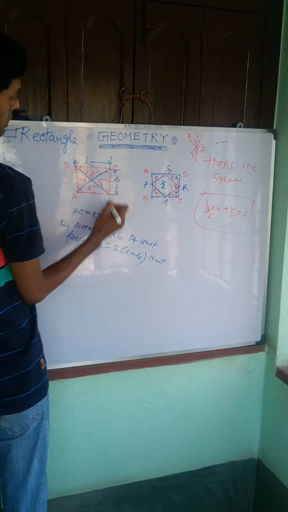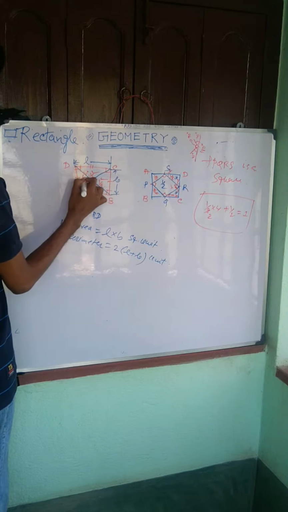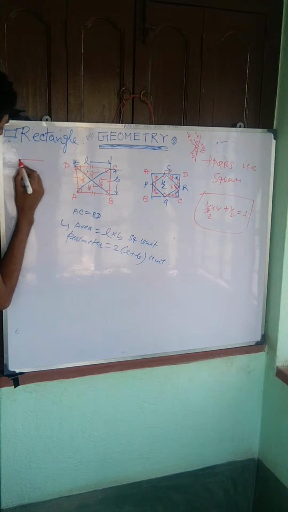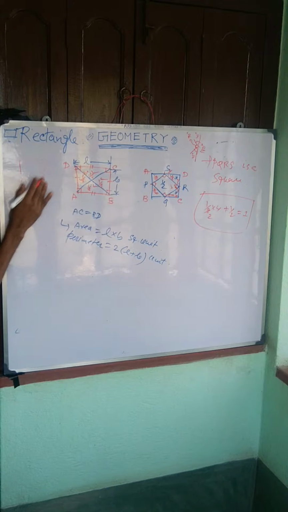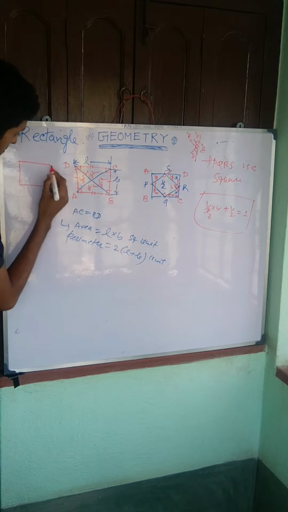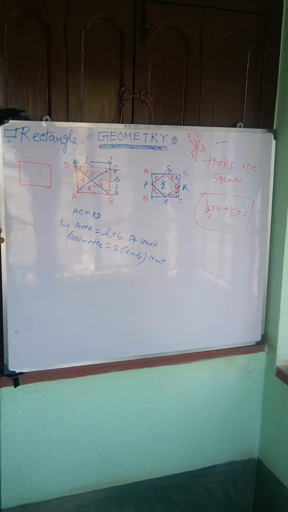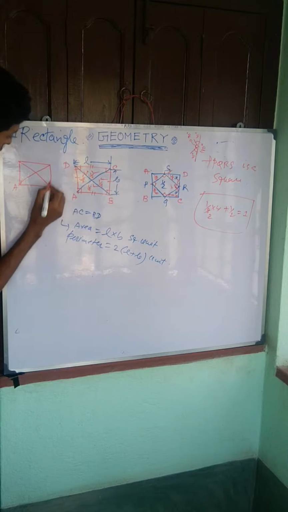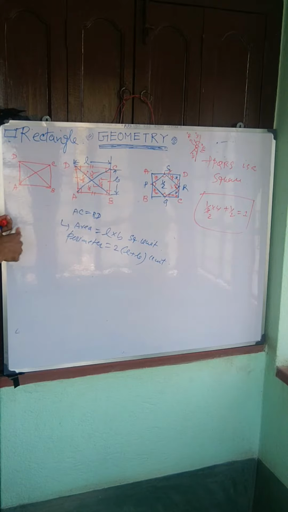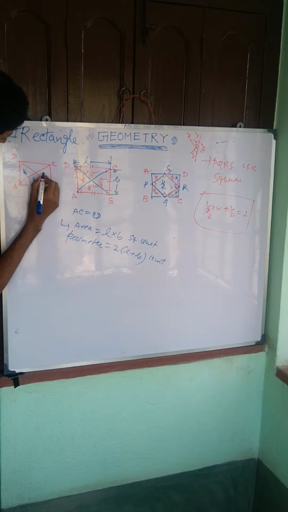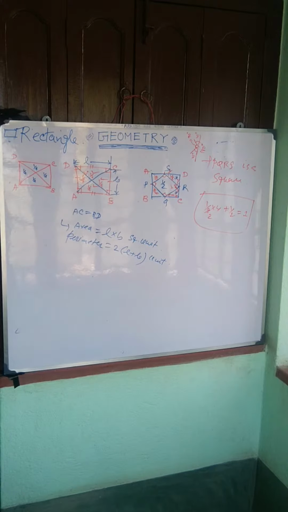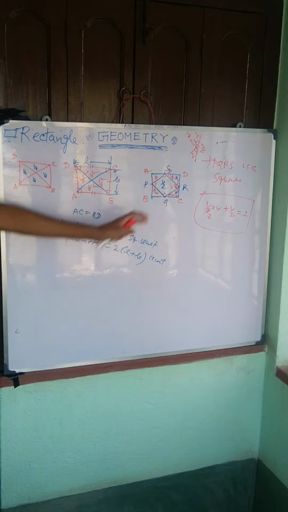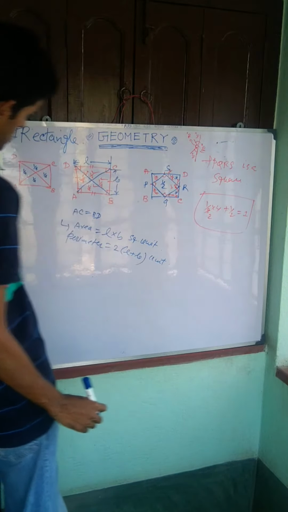This is one more very important point. Having equal area, each triangle is 1/4. And these are 1/8, 1/8, 1/8, and this is half. Understand, guys?